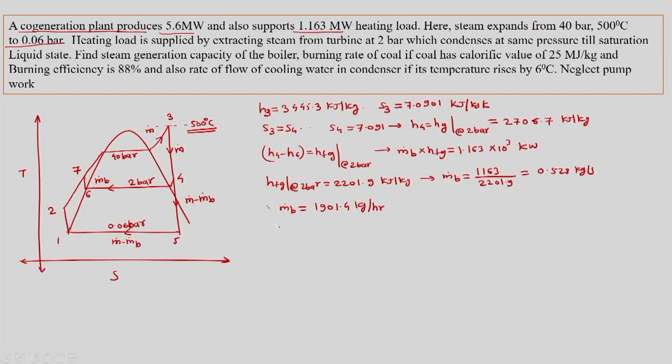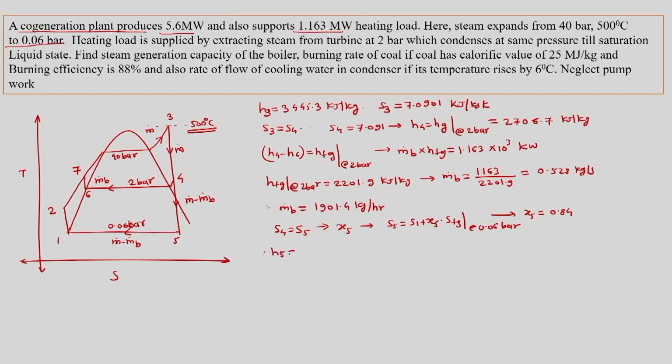Having said this, we can find S4 equal to S5. This basically gives us X5, since we know S5 is equal to S1 plus X5 into SFG at 0.06 bar, and we get X5 equal to 0.84.